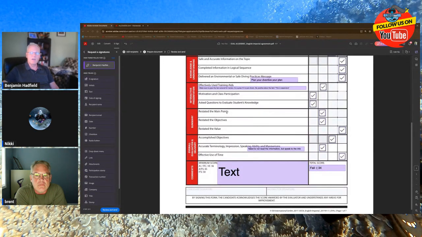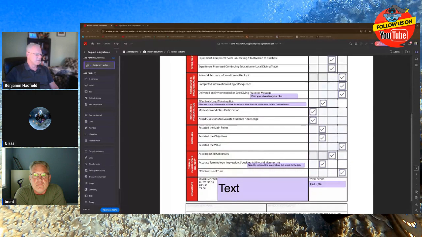If you put value first, objectives next, and then main points, there's a reason they want you to do this in this order as well, but it becomes a coaching point, not a deduction of score. Does that make sense? So make it easier on your evaluator as you go through that, and it becomes a slam dunk. That really is a super slam dunk.